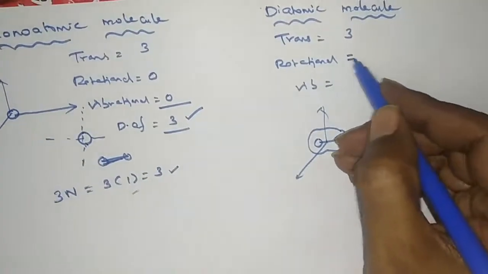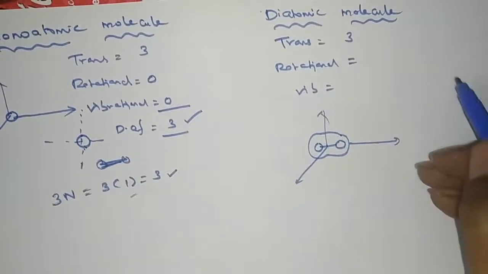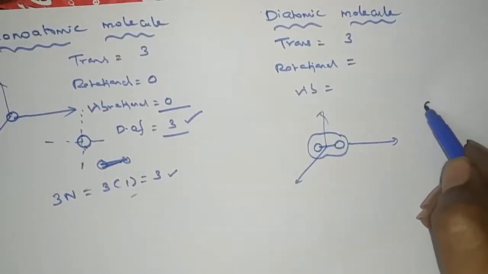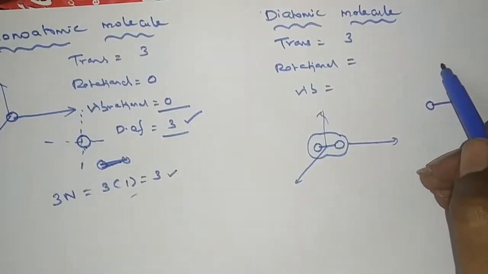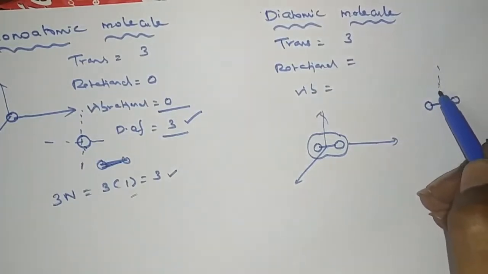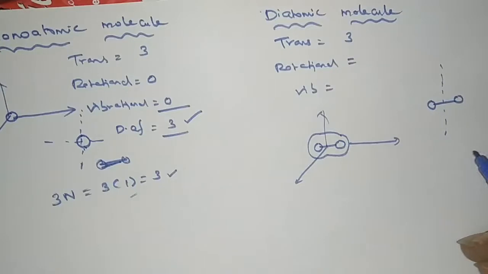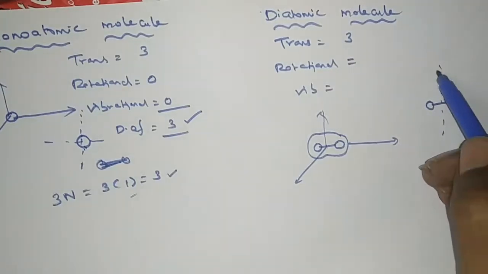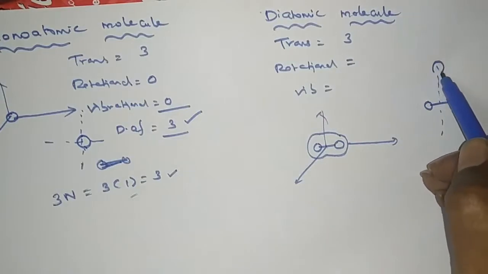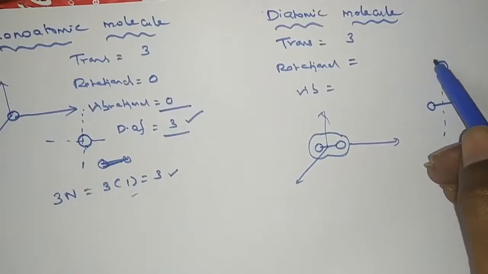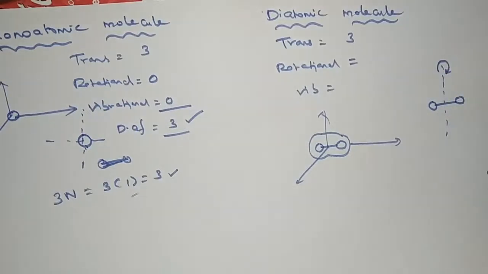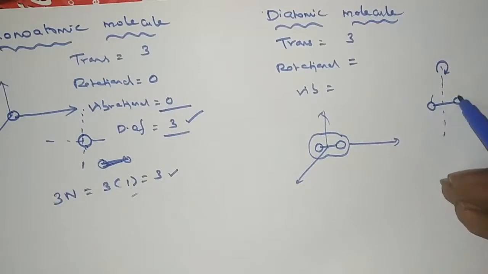And the number of rotational degrees of freedom. See, the molecule is like this. If I pass an imaginary axis perpendicular to this, that is, if the molecule lies along the x-axis, I am passing an axis along the y-axis, and I am trying to rotate like this, what happens? This atom comes over here and this atom comes over here.